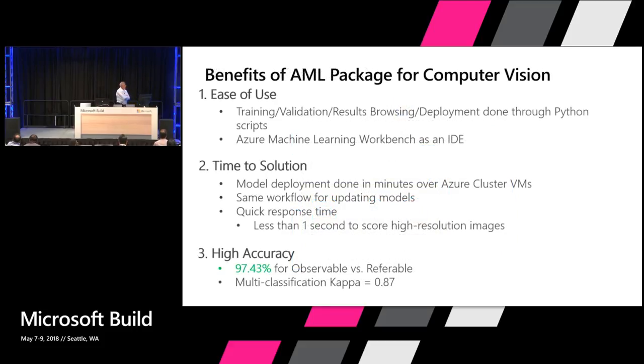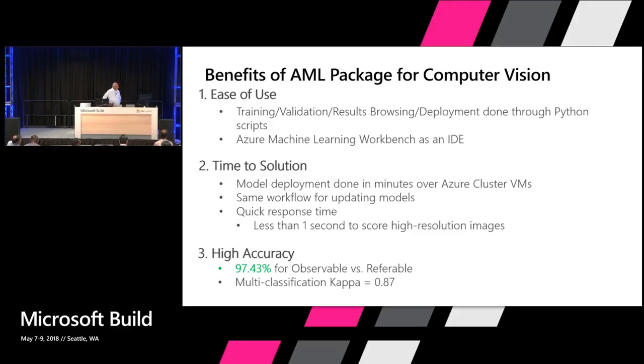So, what are the advantages of using the ML package? Well, it's really easy to use. All is done in a Python script that can run at the command line or inside ML Workbench.